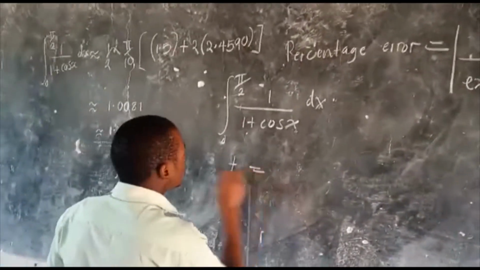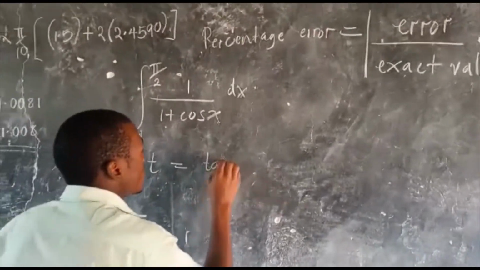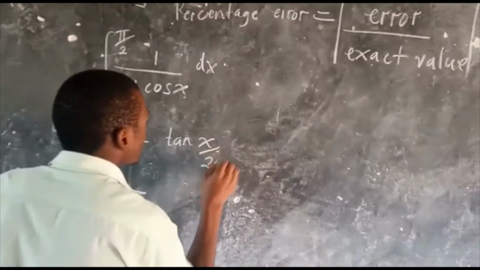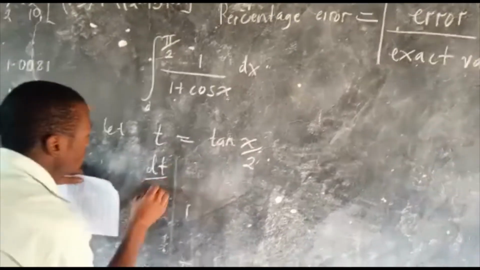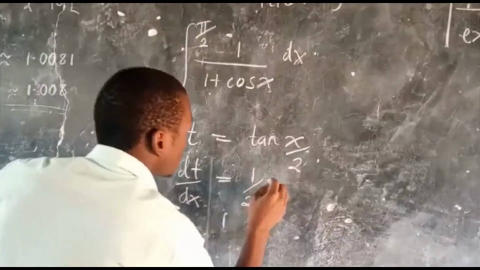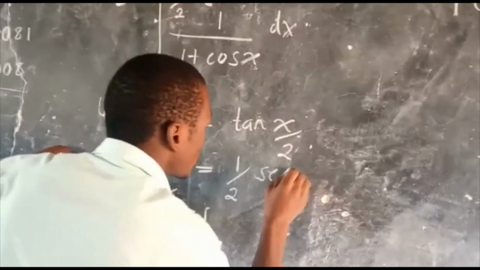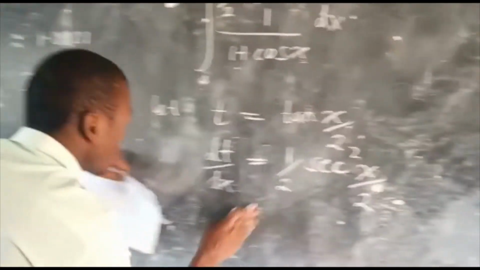Let t equal tan x over 2. When I differentiate both sides, I get dt/dx equal to a half sec squared x over 2.